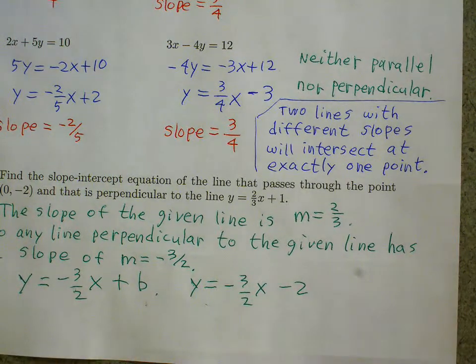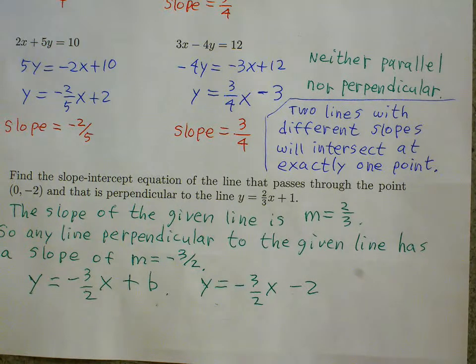Okay, what's an alternative if you don't automatically recognize that the given point that the perpendicular line passes through is the y-intercept? What can you do? Well, we have this much information so far.